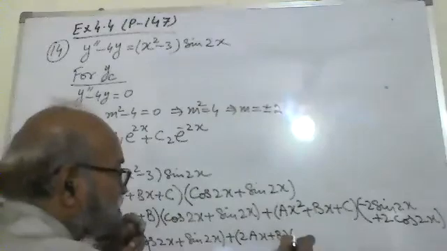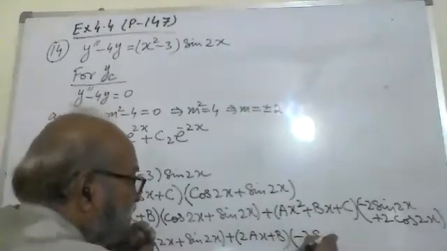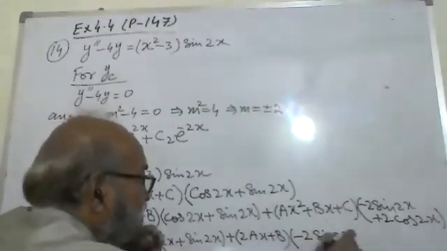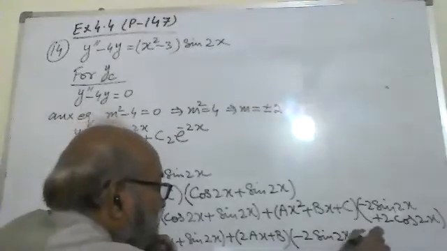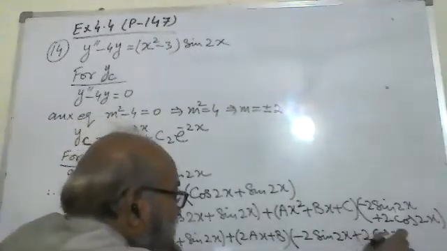That will become minus 2 sine 2x plus 2 cos 2x.